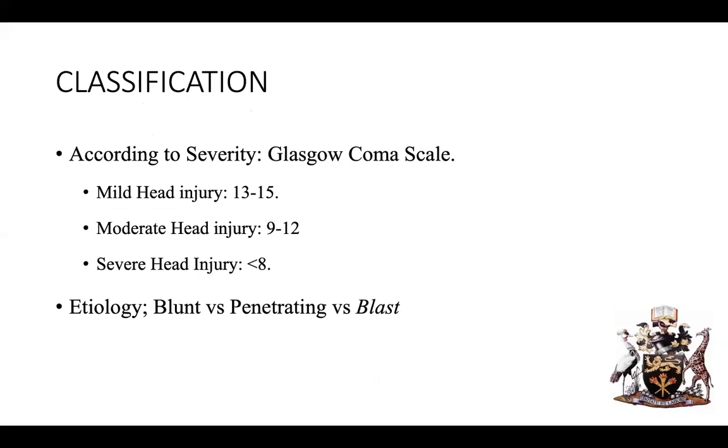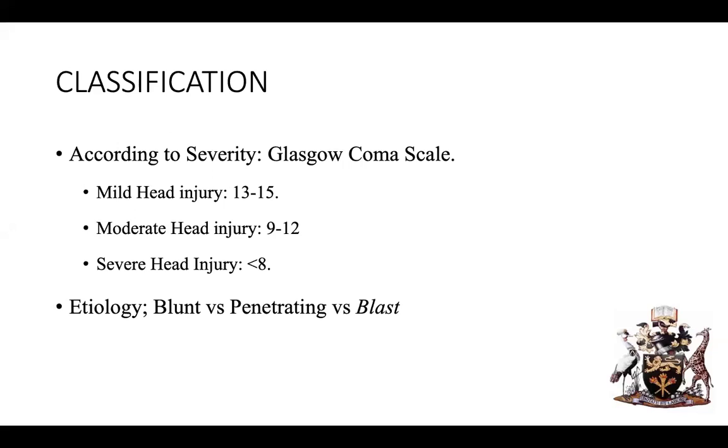How do we classify head injury? The commonest is classification according to severity, and that is the Glasgow Coma Scale. I'll put a chart, but I usually urge even medical students, medical doctors and registrars to go back and keep refreshing your knowledge of the Glasgow Coma Scale. Mild is GCS 13 to 15, moderate is 9 to 12.